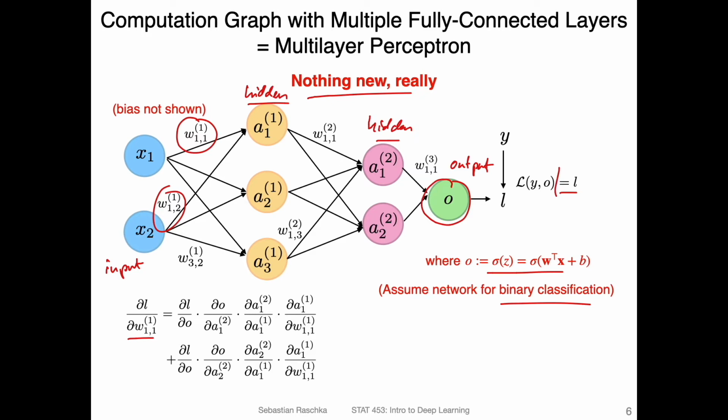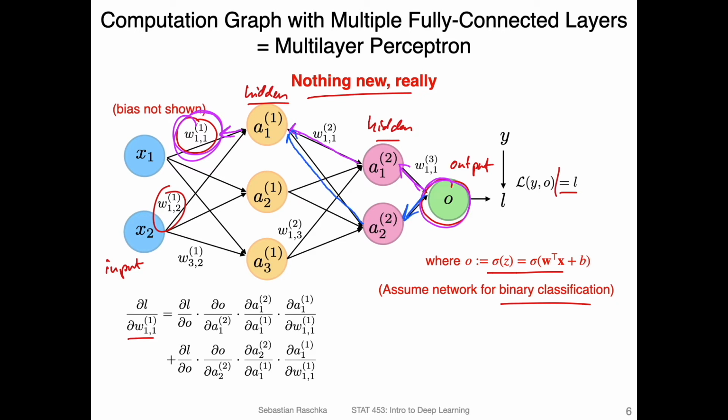So what I mean is, if we have the output here, then we go backward. We are interested in this weight W11, just as an example. I'm just highlighting all the paths. There's one path that goes here, you can see it here, right? And the other path is this one here.